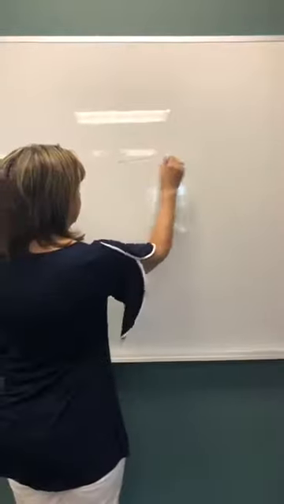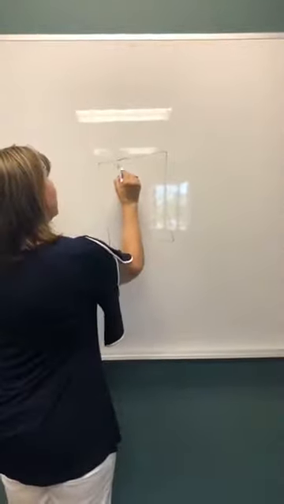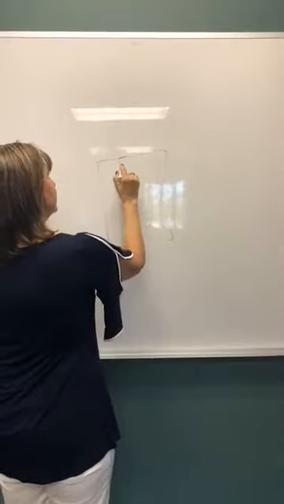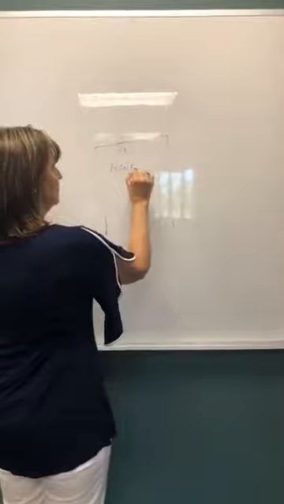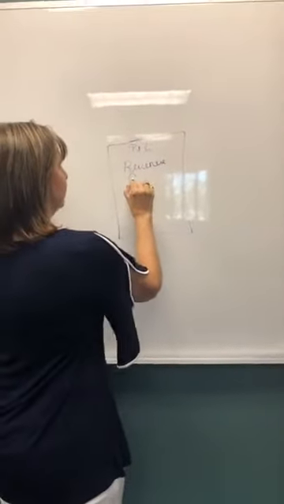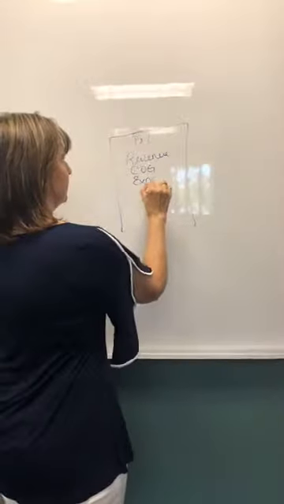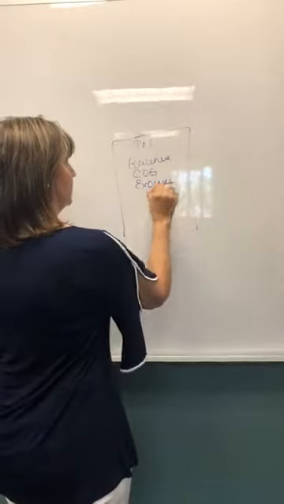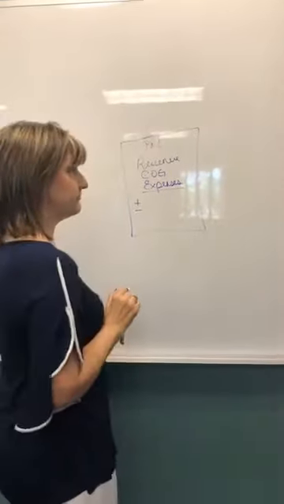So your P&L, look, I get to use the whiteboard. Your P&L has your revenue, your cost of goods, and your expenses. And then it tells you if you made a plus or a minus that month.